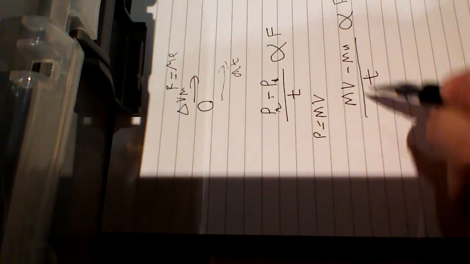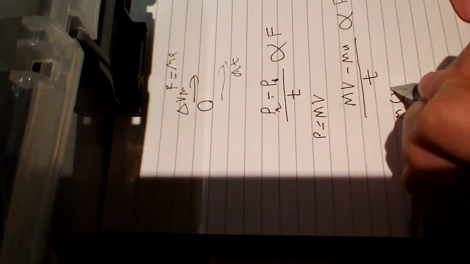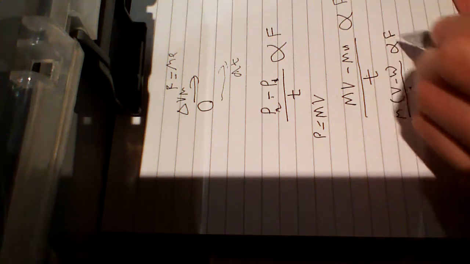So we can factorize m out. So m times v minus u divided by t is directly proportional to a force.